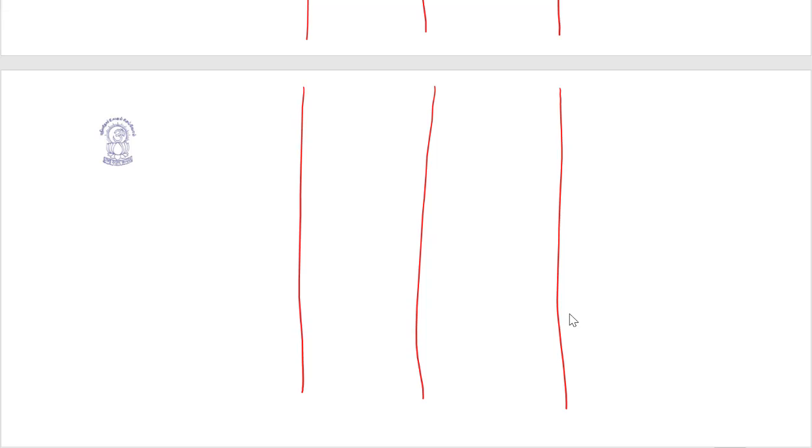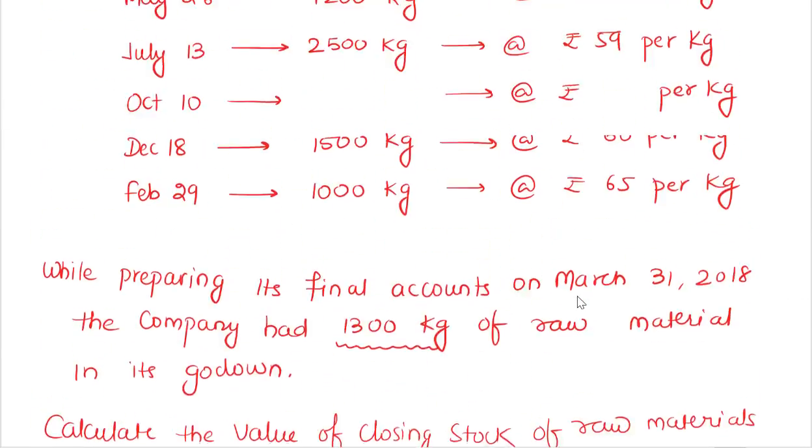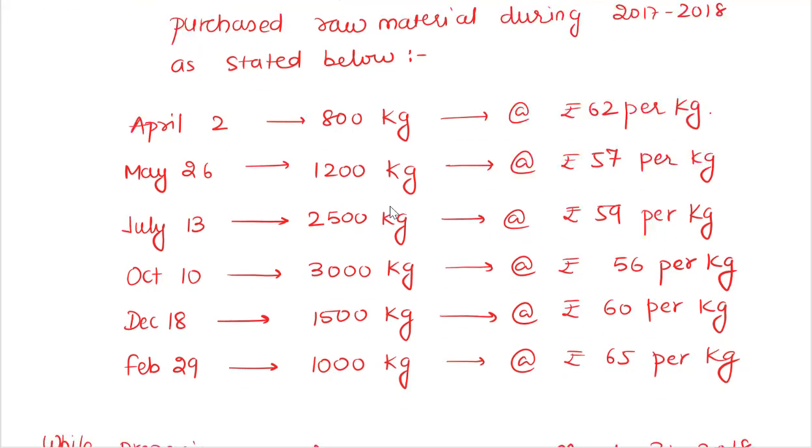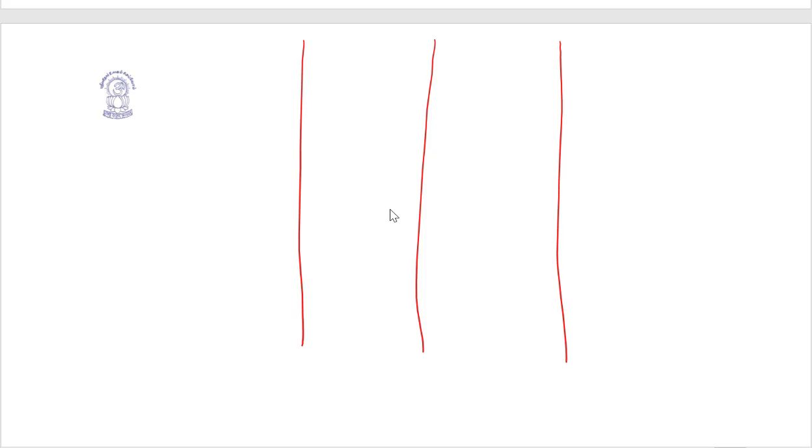The next date is May 26, 2017, 1200 kgs at 57. The amount is 68,400.